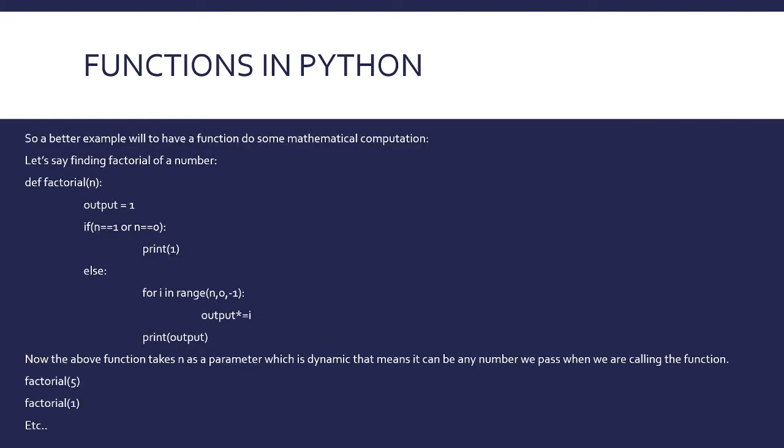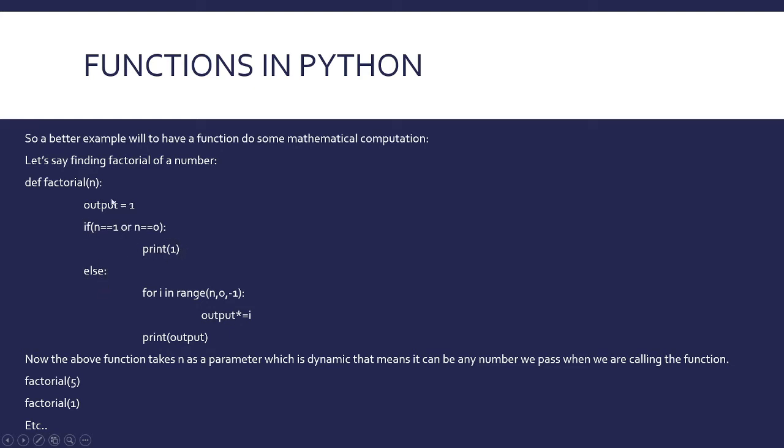This is a slightly better example that has some mathematical computation, and in this function we are taking n as the parameter. As you can see, the function factorial is taking n as the parameter. If n is equal to 1 or 0, the function will print 1.